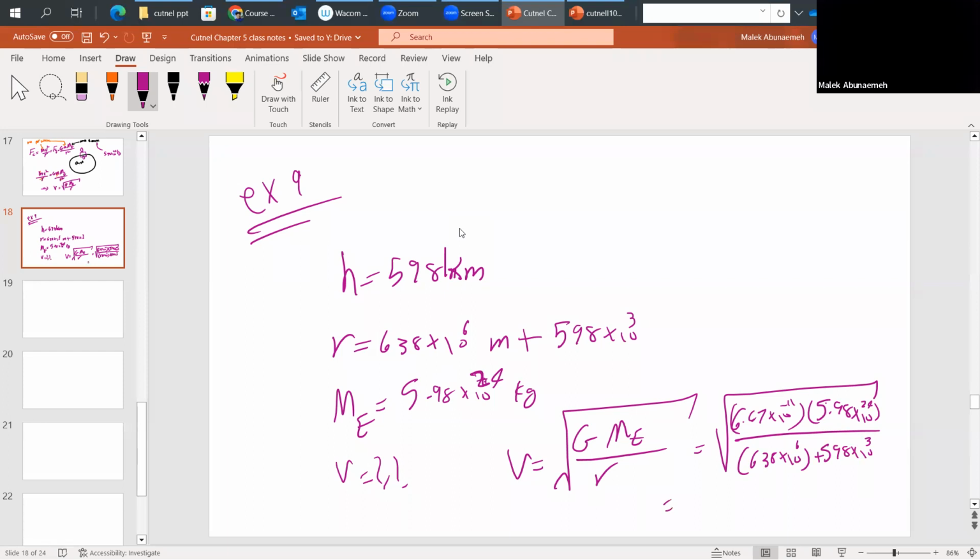In this case, you should get 7.56 times 10 to the 3 meters per second. That's the velocity at which the satellite will orbit around the Earth.